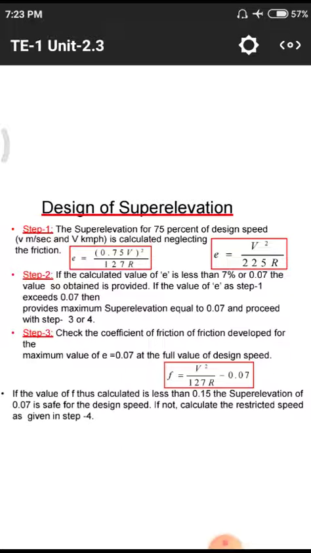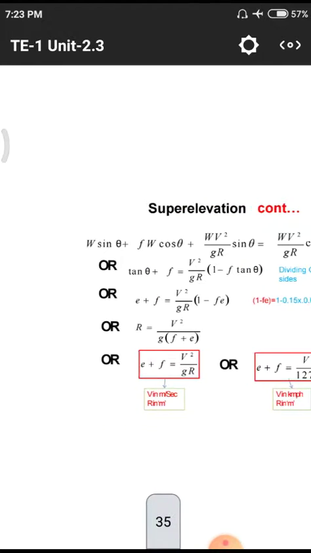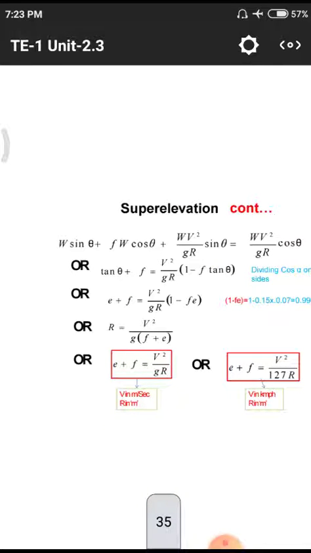Okay, the super elevation is for 75% of the design speed, in terms of velocity V in meters per second and kilometers per hour, calculated by neglecting friction. Normally we have E plus F equal to the formula from previous cases. Here we have E plus F equal to V square by gR.